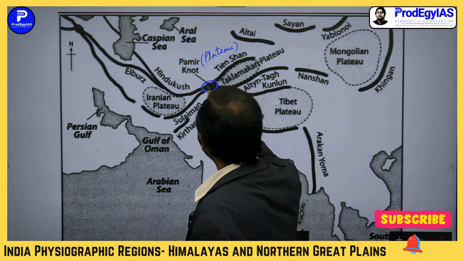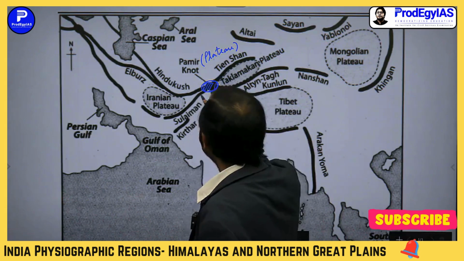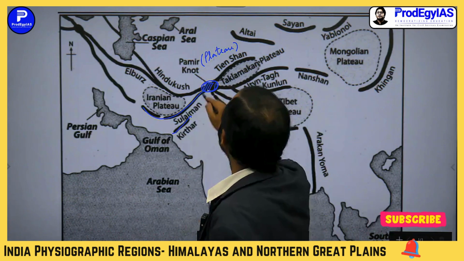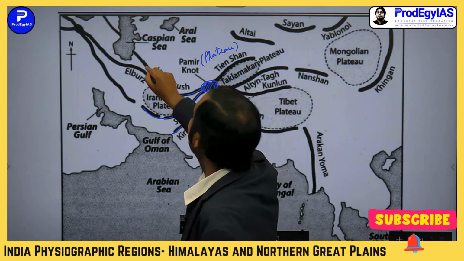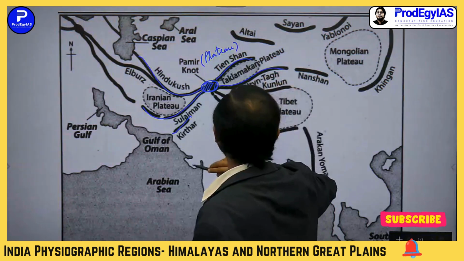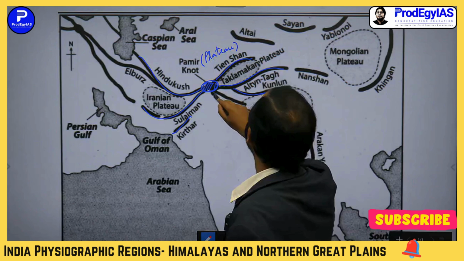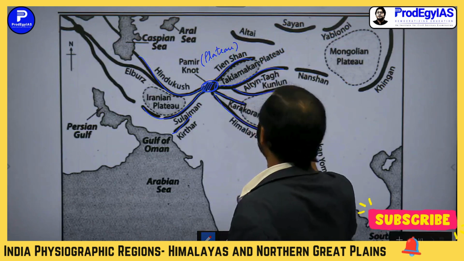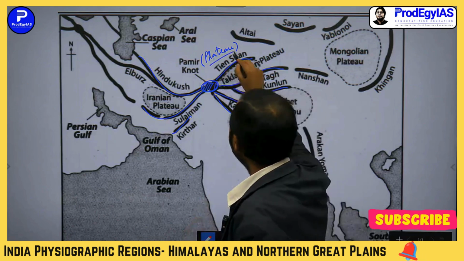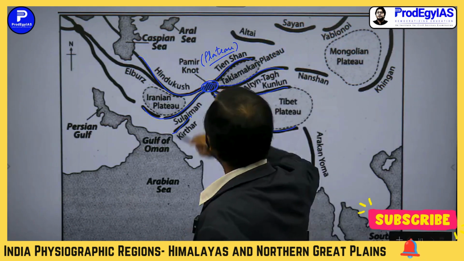From this Pamir Knot, you see that many such type of mountain ranges radiate. So this is a very important landform, Pamir Knot. See its location.